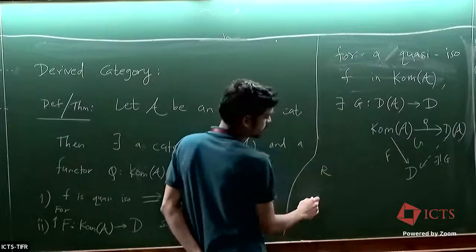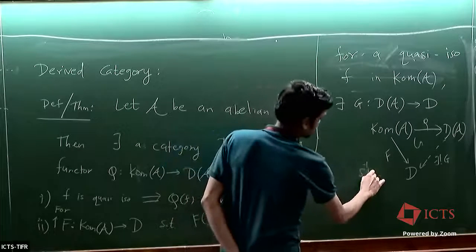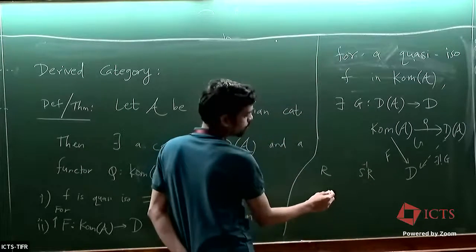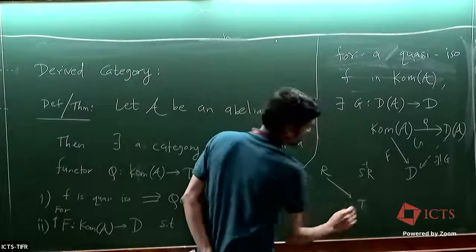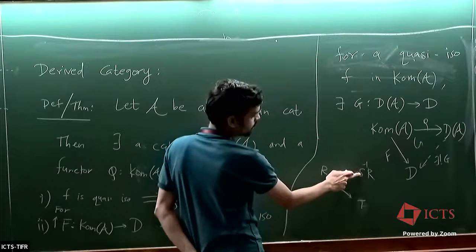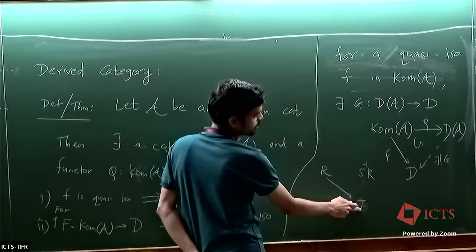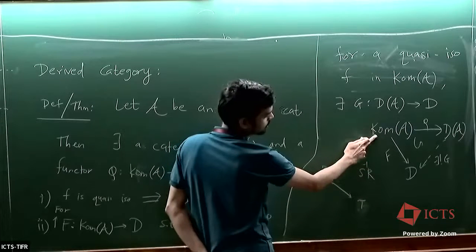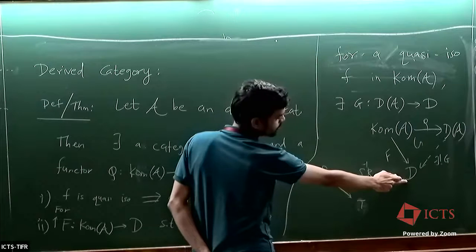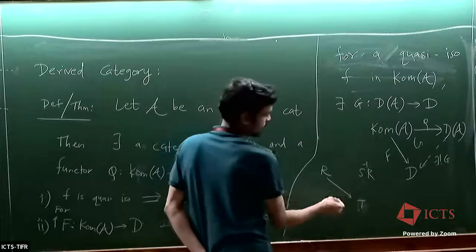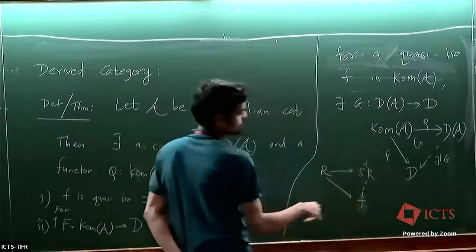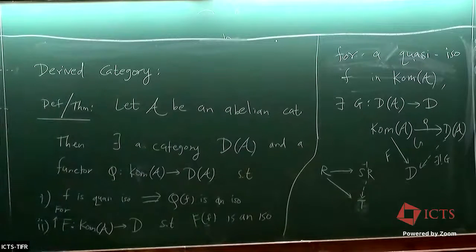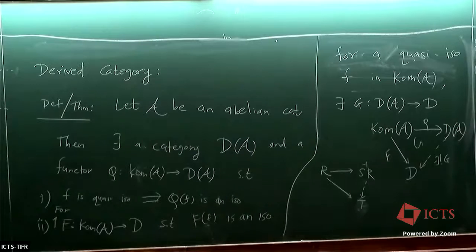Suppose you fix a multiplicatively closed set S, then S inverse R precisely satisfies the property that whenever you have a ring map from R to any ring T such that it sends elements of S to units, that is like saying you are going to an isomorphism here because units induce isomorphisms, it factors through this localization. So it is kind of similar. That suggests that we should define some type of localization to get to this derived category.